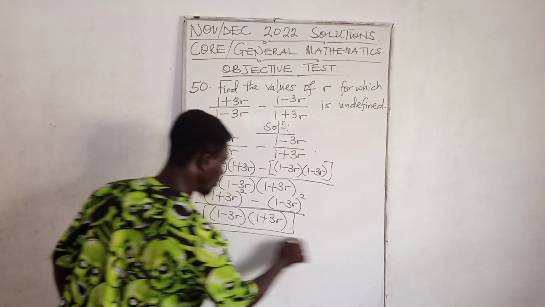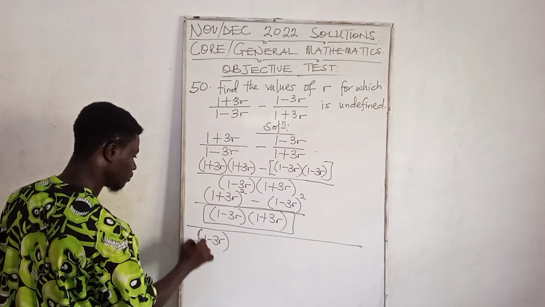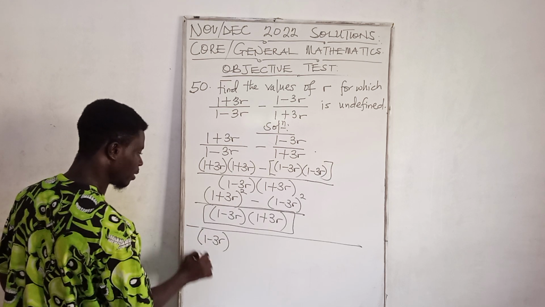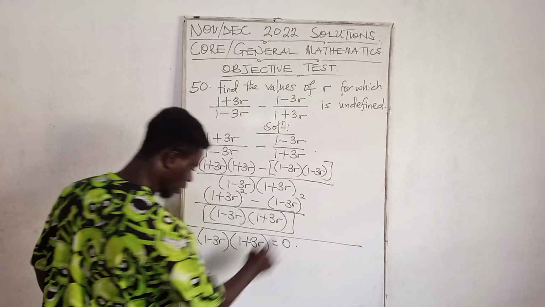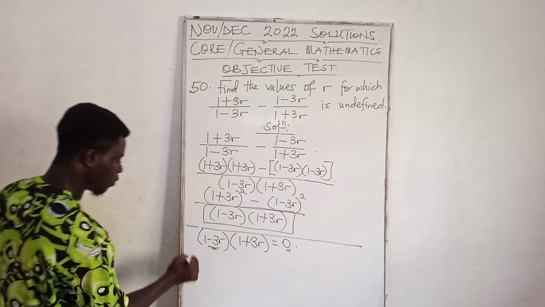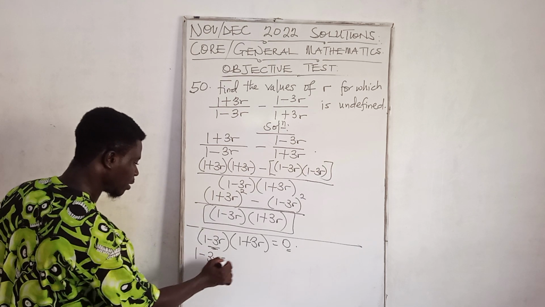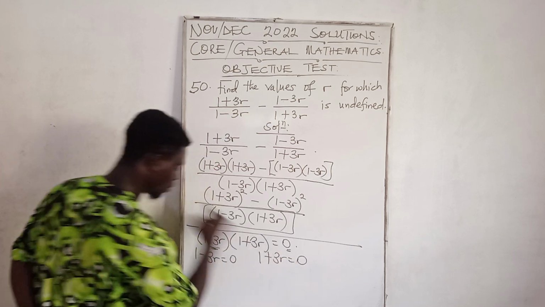Then 1 minus 3r, then 1 plus 3r must be equal to 0. Then I can say that this 1 minus 3r must be equal to 0, and 1 plus 3r must also be equal to 0.